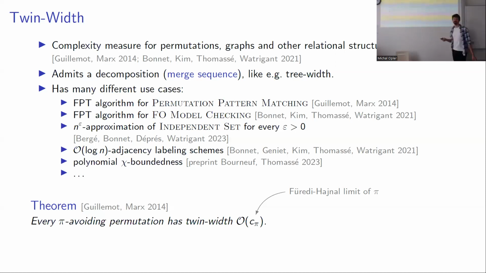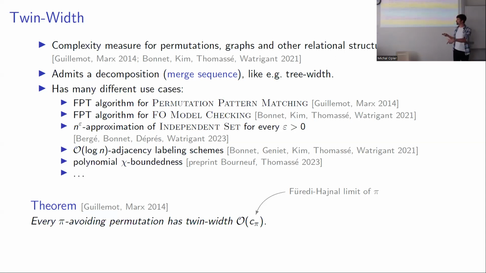I realize that you don't know what that exactly means, but it's a limit that comes out of the original Stanley-Wilf conjecture, and it's sort of an extremal result from the extremal combinatorial theory of binary matrices. But the important thing is that every pi-avoiding permutation has a constant twin-width.